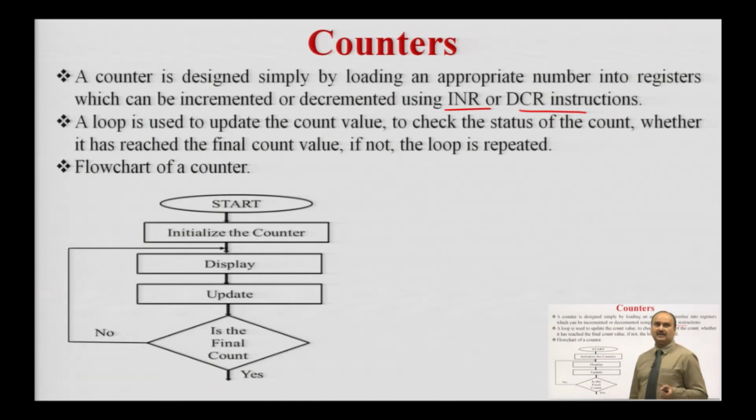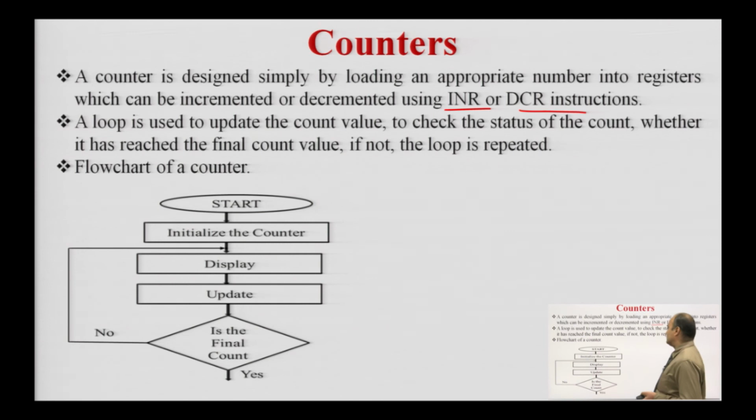The counter is designed simply by loading an appropriate value, and it can be designed with the help of the increment and decrement instructions. If we want to design an up counter, we use the INR instruction, and if we want to design a down counter, we use the DCR instruction.